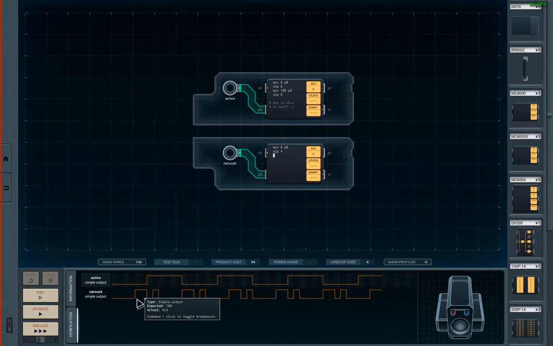Then we gotta make it jump to 100. Easy enough. Move 100 P0. And then we advance 2 time units. Then we set it to 0. Move 0 P0.